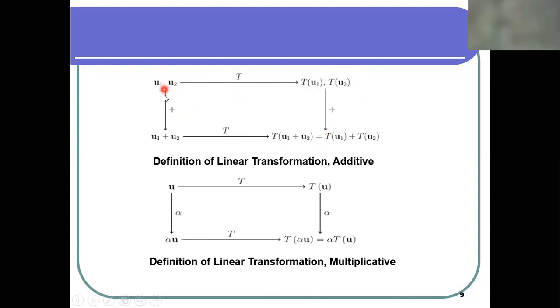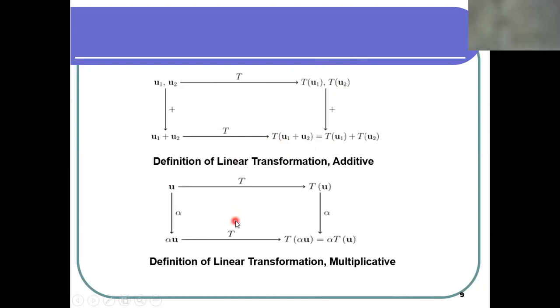One is you add these two and apply T to get this. Another is you separately apply the transformation to U1 and U2, and then add the images of U1 and U2 under T, and you will get this. If the result is the same, then we can say it is a linear transformation.